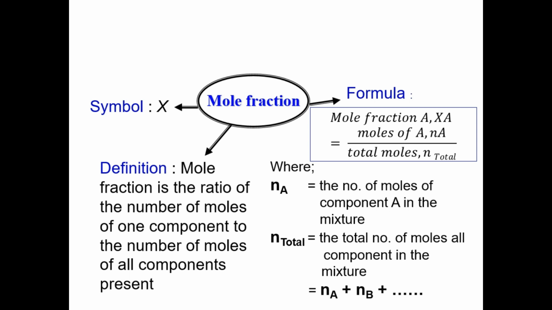Na represents the number of moles of component A in the mixture, while N total represents the total number of moles of all components in the mixture. For example, the mixture may not only have A, maybe there are B and so on. So N total is the summation of Na plus Nb plus etc. The unit of mole fraction is dimensionless, which means no unit.